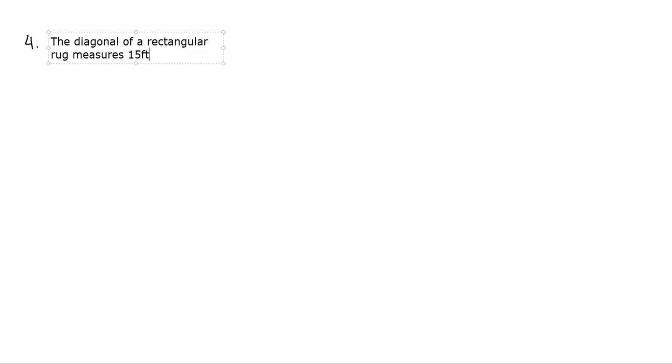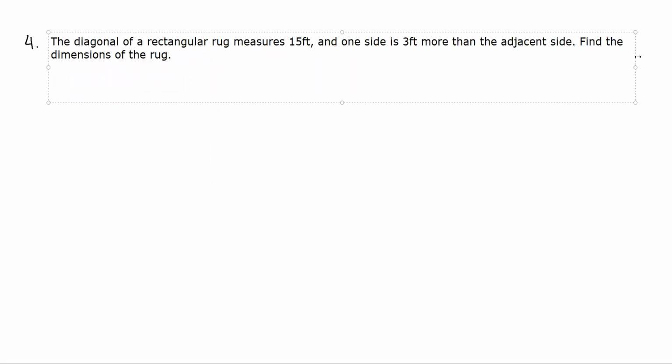Measures 15 feet, and one side is 3 feet more than the adjacent side. Find the dimensions of the rug. Now you can see problems asked like this in a slightly different way. Sometimes it'll give you the length and the width. In this case, they told us the side and an adjacent side.